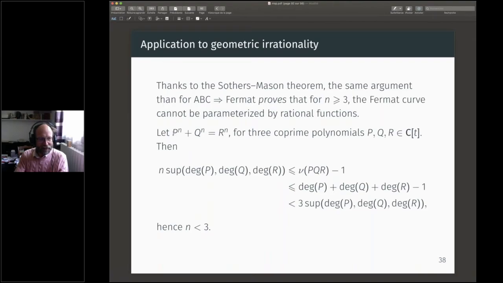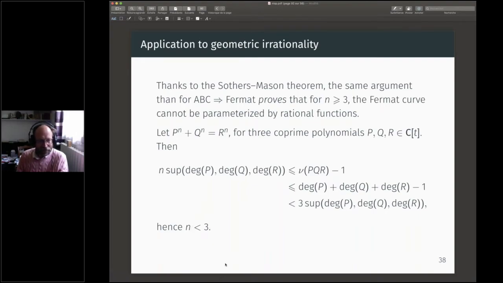So if I have coprime polynomials P, Q, R such that P^n + Q^n = R^n, and apply the ABC identity, I get n times the supremum of the degrees is smaller than the number of roots of PQR minus 1, and the number of roots of PQR is smaller than the sum of the degrees minus 1, and this is strictly smaller than 3 times the supremum of the degrees, and so I get that the exponent n is smaller than 3.